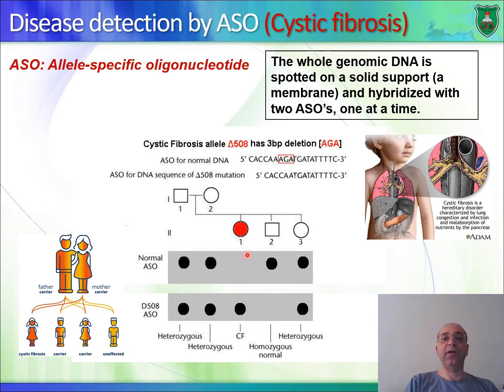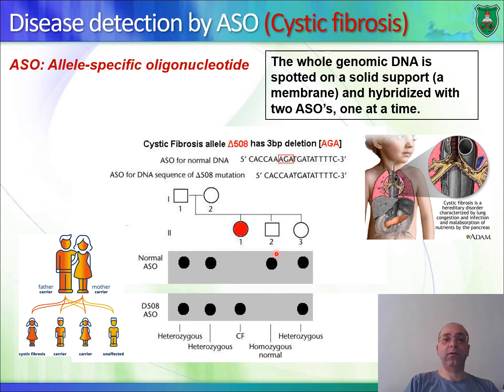This means that this individual, this little girl right here, has both alleles as the mutated alleles, the alleles with the deletion. And that's why she has the disease, or she is presented with the disease. Okay, because she doesn't have the normal allele.